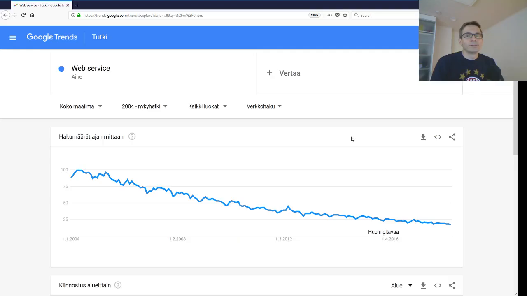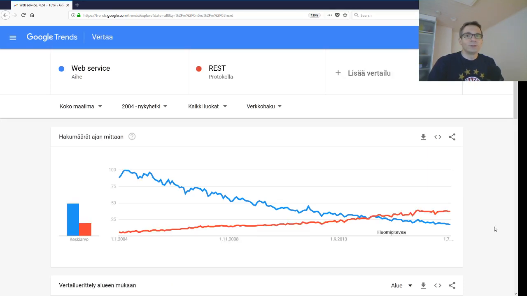We can also look into Google Trends to see how the searches for the topic web service have developed. We can see that starting from 2004, web service has been on a declining trend.